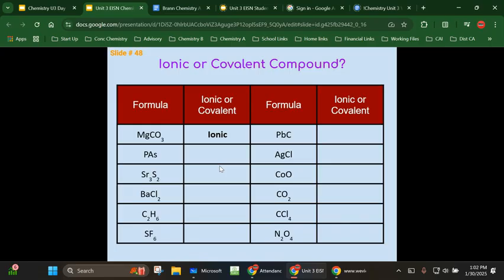Thank you. I am only going to give you binary covalent compounds. If there are 3 capital letters in it, ladies and gentlemen, it is automatically ionic. Automatically ionic.